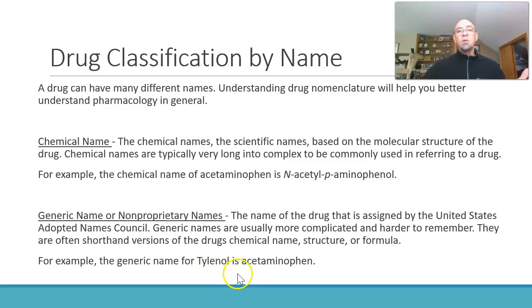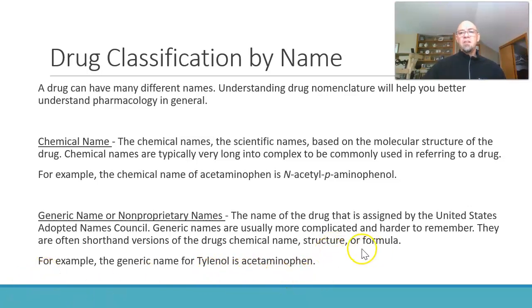So, I mean, we all know the word Tylenol because Johnson & Johnson created the molecule, N-acetyl-p-aminophenol. And so they get to use this brand name or this trade name Tylenol. But if you're going to buy it from CVS or Walgreens, they cannot use the word Tylenol. They have to use acetaminophen.